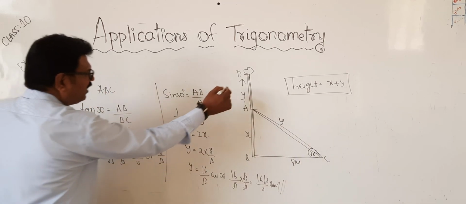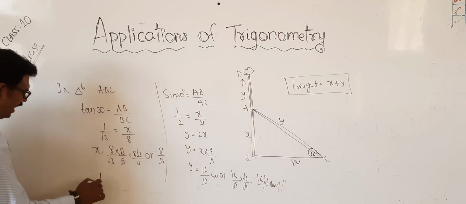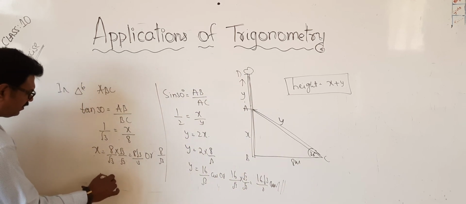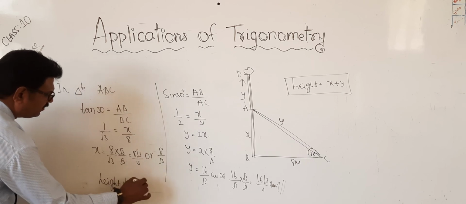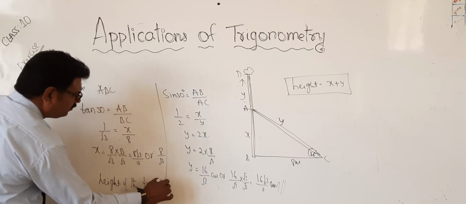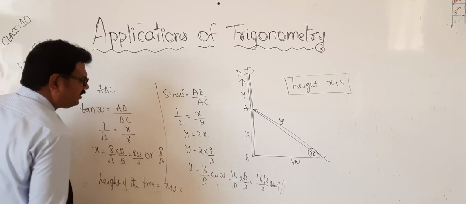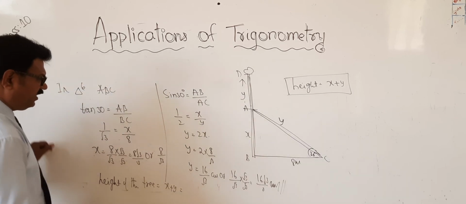Now, what is the total value we will see? Therefore, height of the tree is equal to x plus y. X plus y.